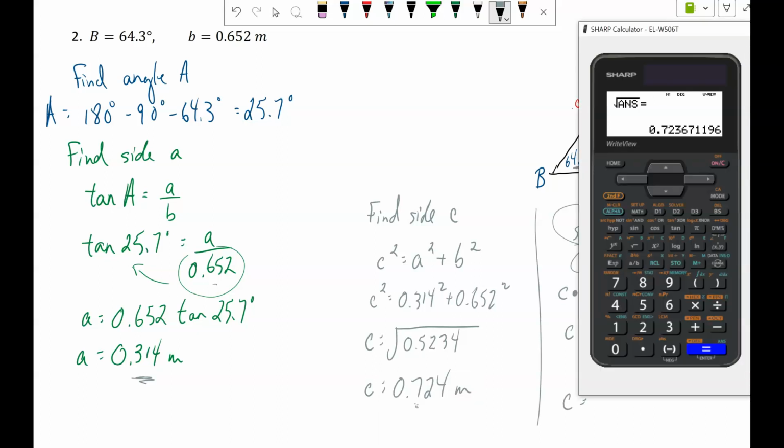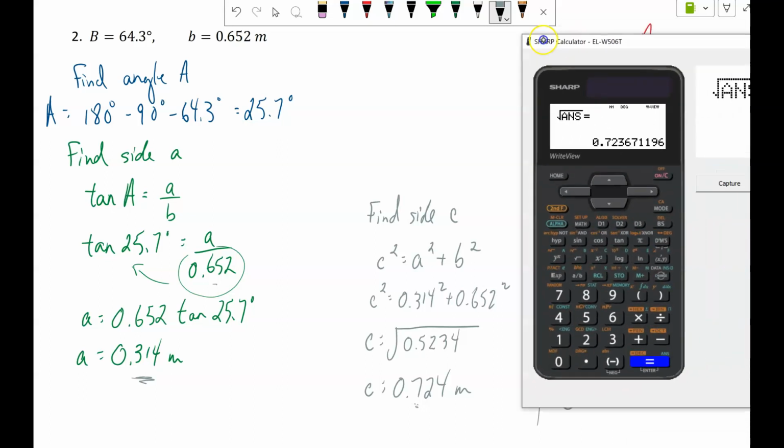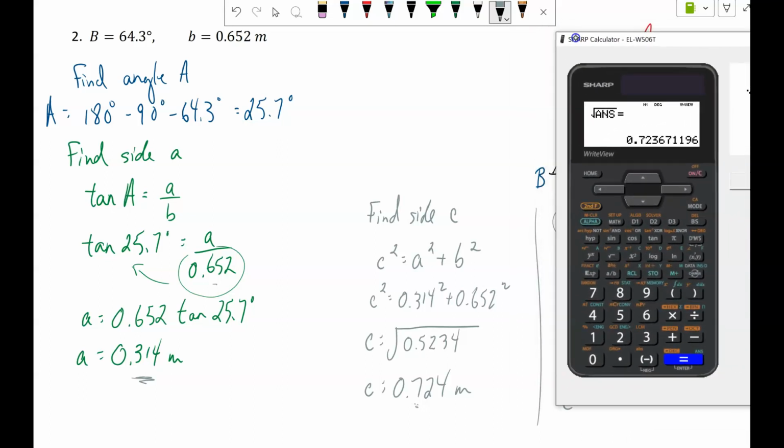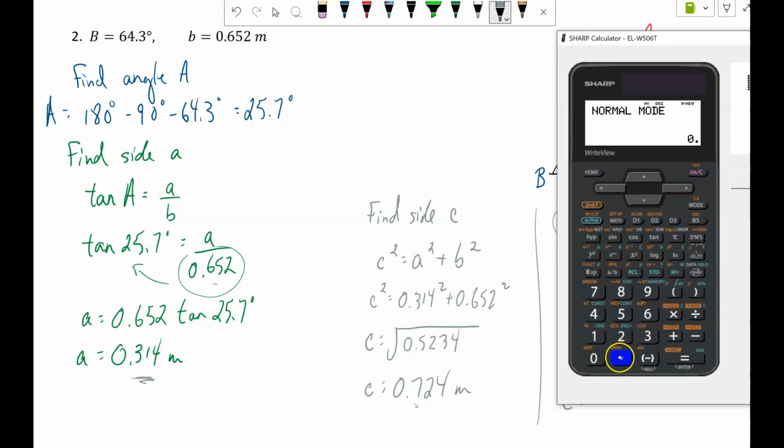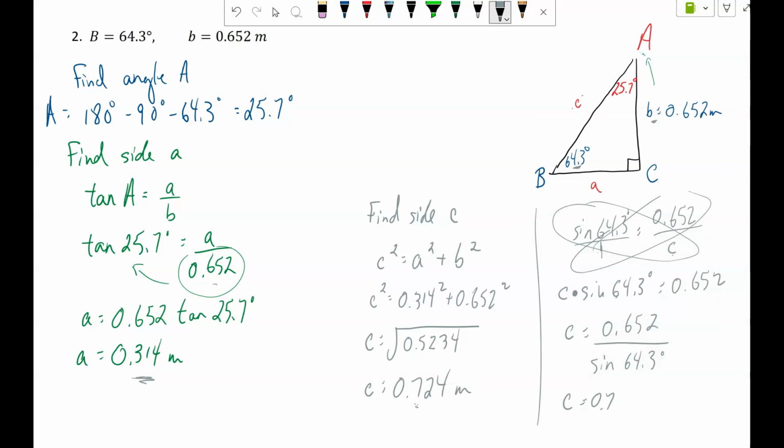Let's see how that works out with the calculator. 0.652 divided by sine 64.3. Okay. 0.724. Very good. 0.724 meters. Great. It works out to be very much the same, okay? So we do have options at times.